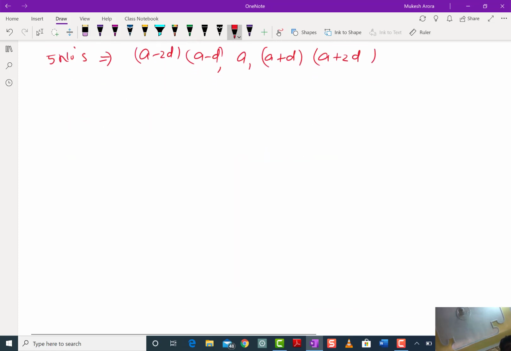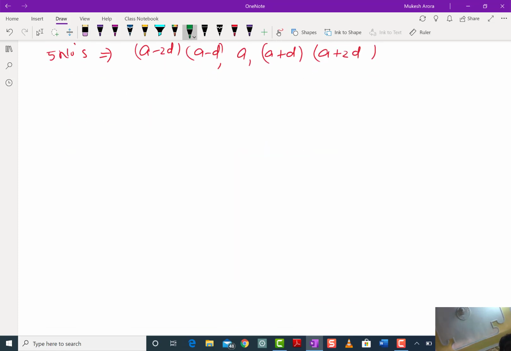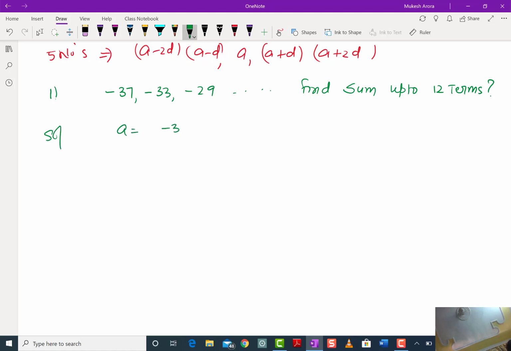So let's do a few sums based upon this. The first question is: minus 37, minus 33, minus 29, and so on. Find the sum up to 12 terms. a is minus 37, d is minus 33 plus 37, which is equal to 4, and n is 12.